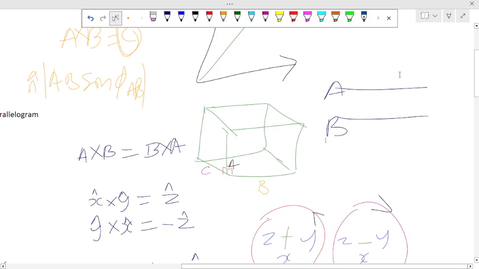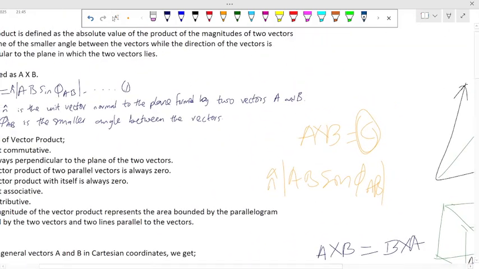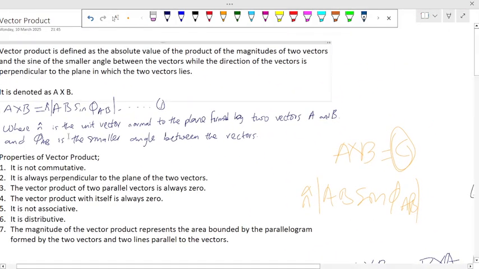The angle between them is 0. Now you can punch a calculator, or just think about it: sine 0 is 0. If you plug 0 into the formula, sine 0 is 0, so whatever the values of a and b are, multiplying by 0 gives 0. That means the cross product of a and b will be 0.